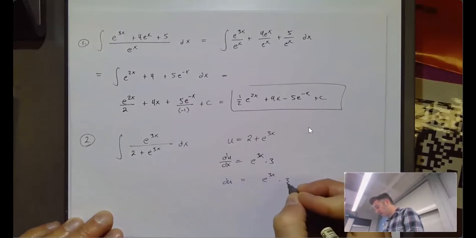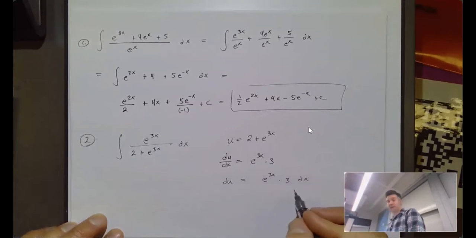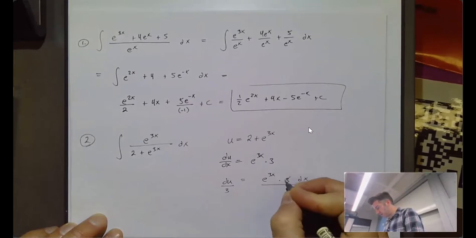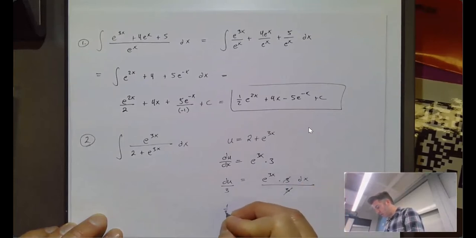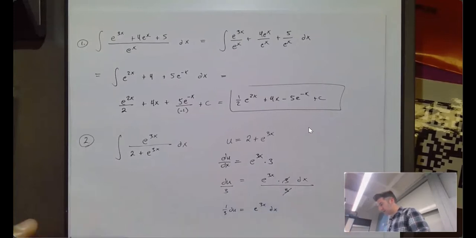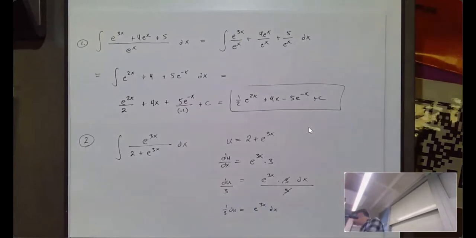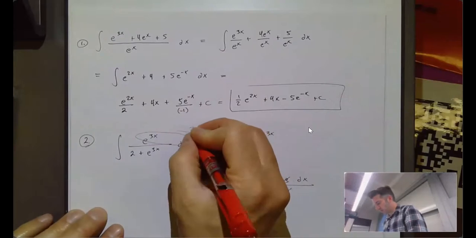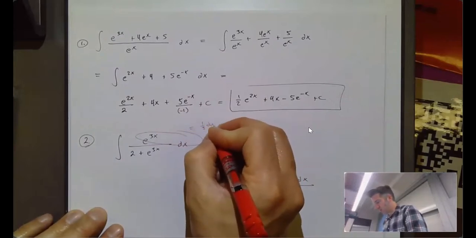So I would take this e to the 3x times 3 times dx and divide both sides by 3, so that my 1/3 du equals e to the 3x times dx, because I have exactly an e to the 3x times dx in the integral.